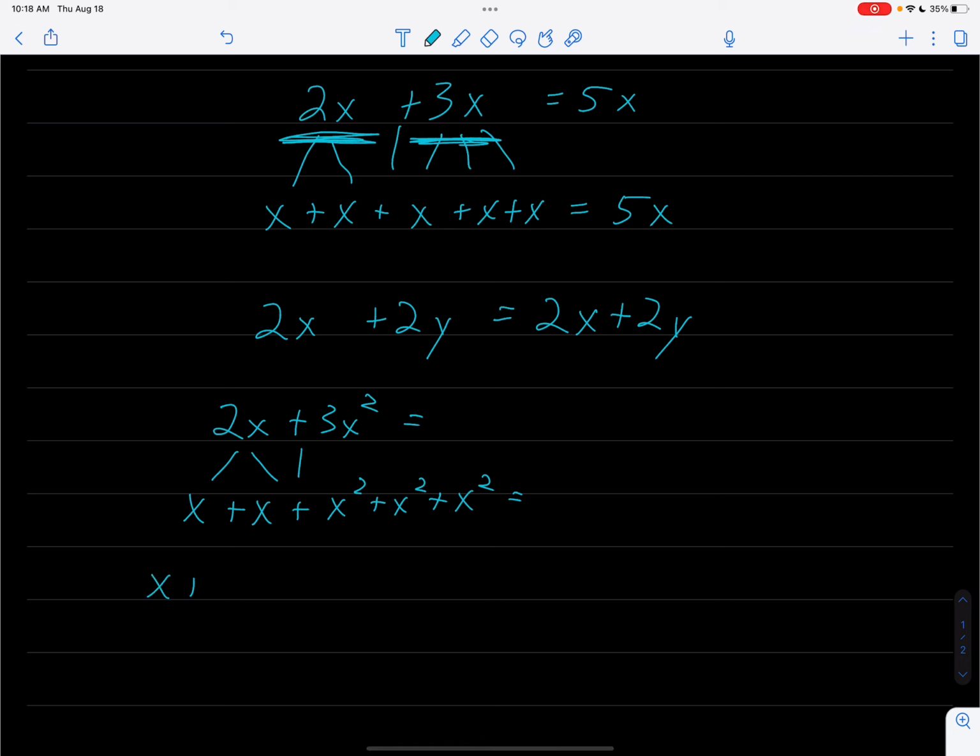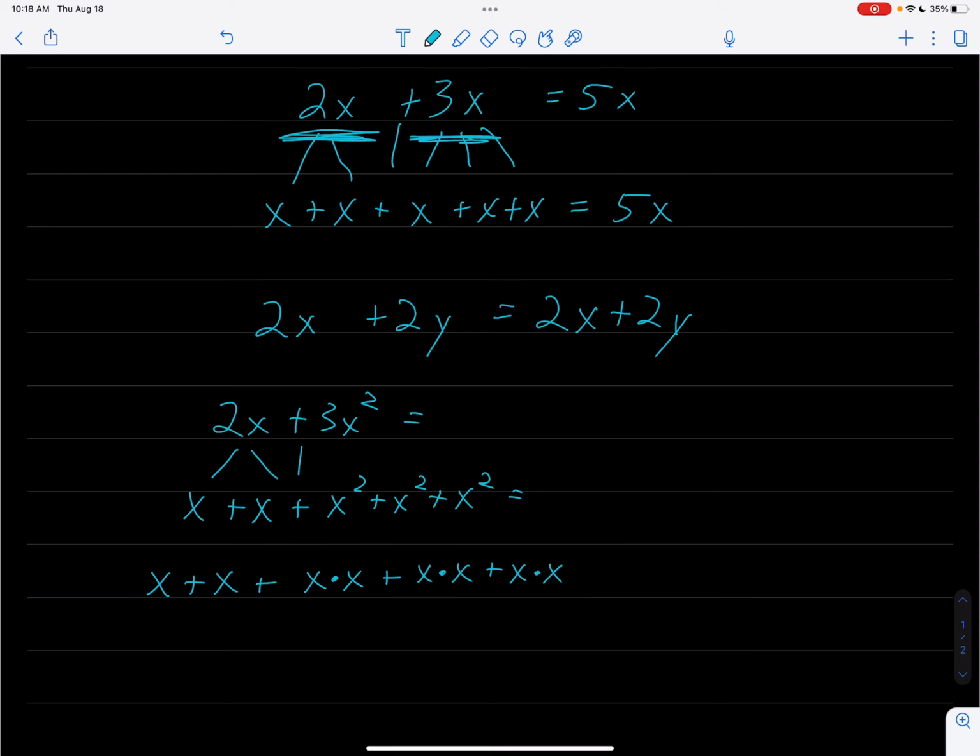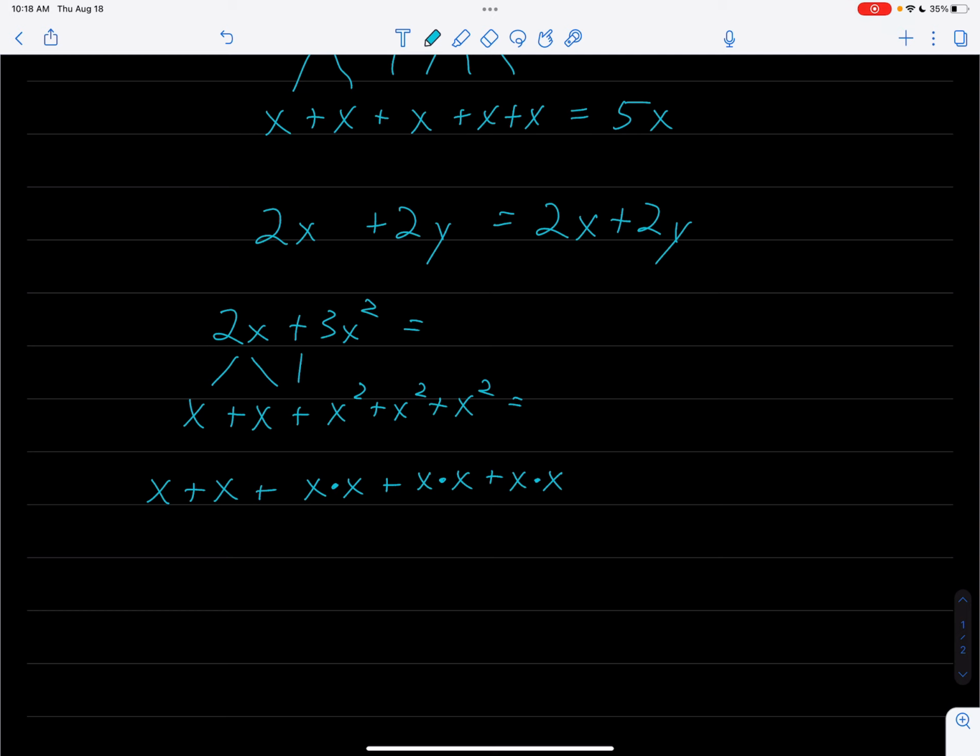When you completely expand it, these don't even look the same. They're separated by different operations. If x was like 3, we'd have 3 plus 3 plus 3 times 3 is 9, plus 3 times 3 is 9, plus 3 times 3 is 9. So if you actually put numbers in here, it wouldn't make sense.